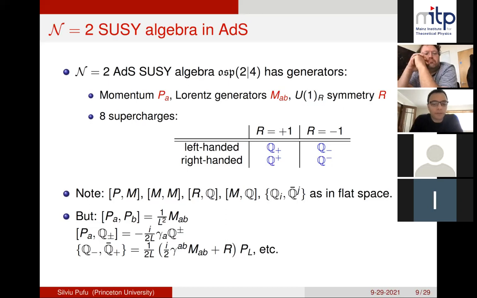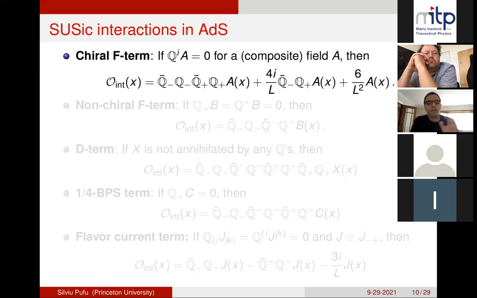Okay, so with this notation, I can describe to you what possible interactions there are, and I'll tell you which ones are Q-exact. The first one is the analog of a chiral F term. Suppose we have some operator or field A in AdS, it could be a composite field, that's annihilated by all of the right-handed supercharges.